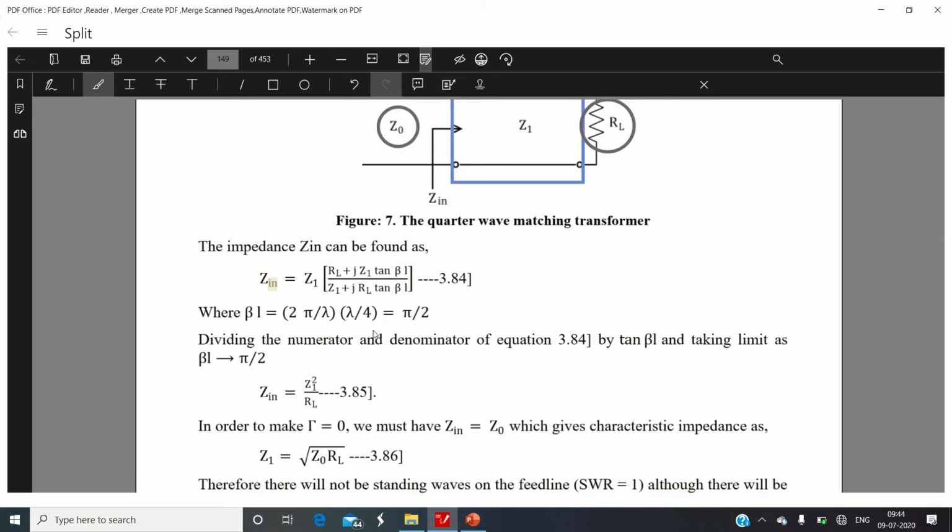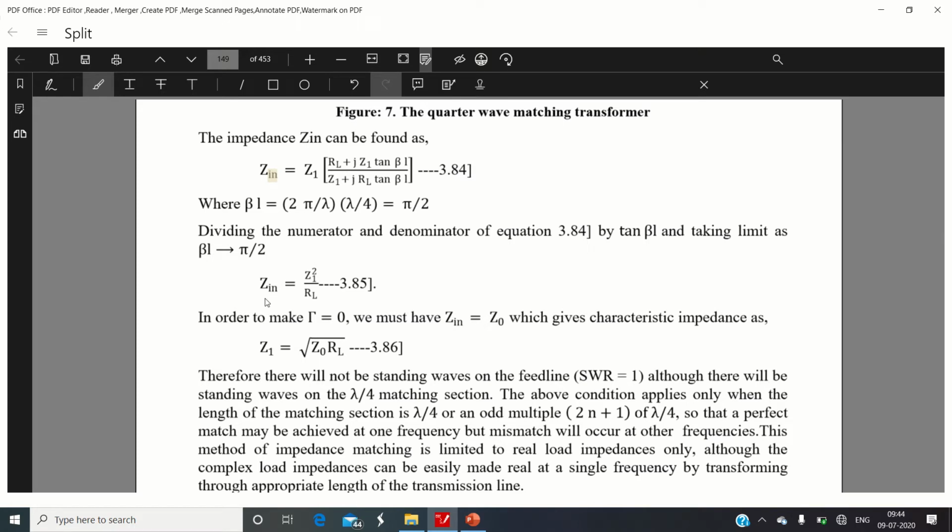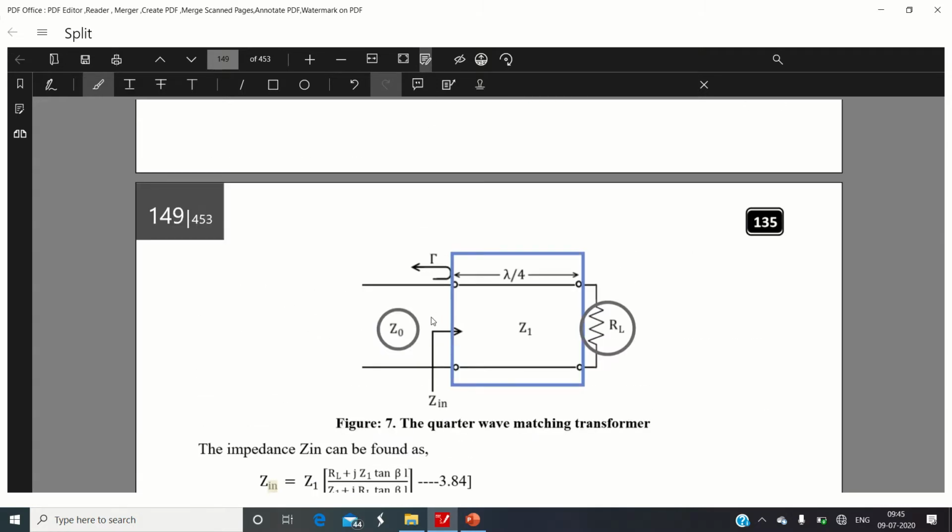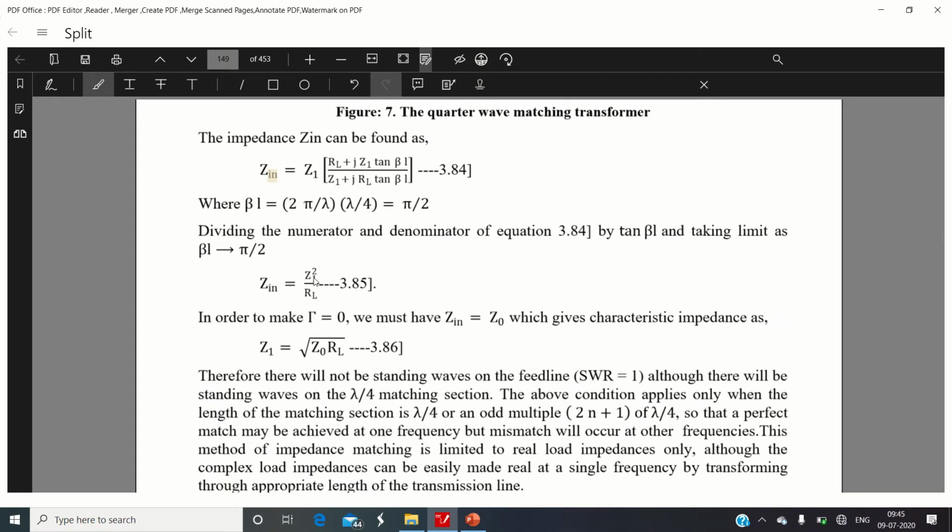The input impedance equation then simplifies to Z in equals Z1 squared divided by RL.